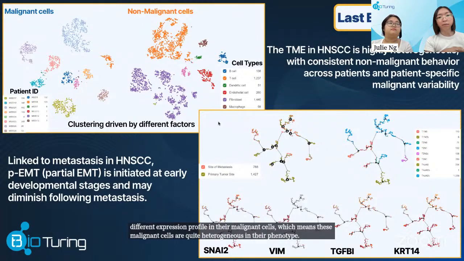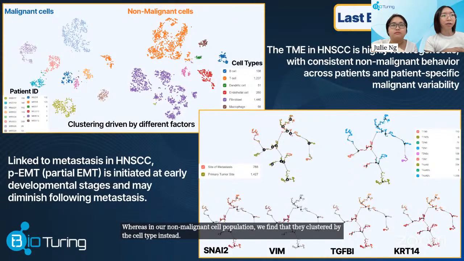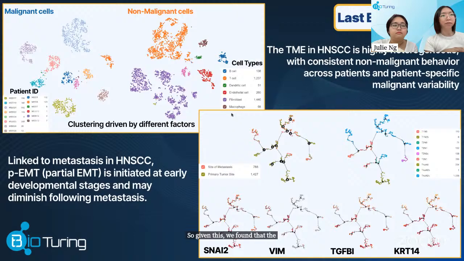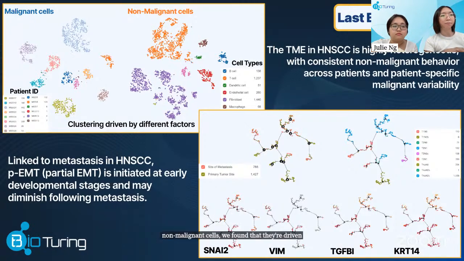Whereas our non-malignant cell population clustered by cell type instead. So the clustering is driven by different factors: in malignant cells, it's driven by patient ID, whereas in non-malignant cells, it's driven by cell type.